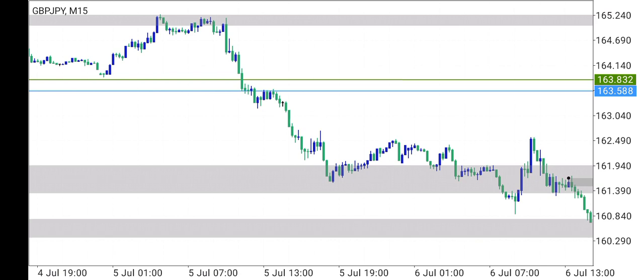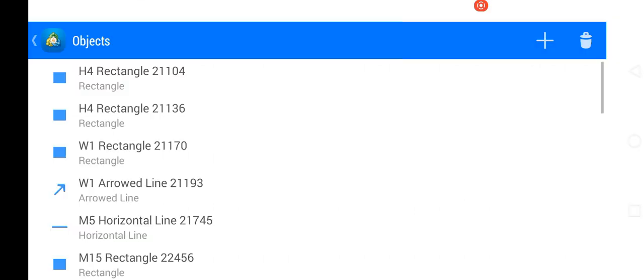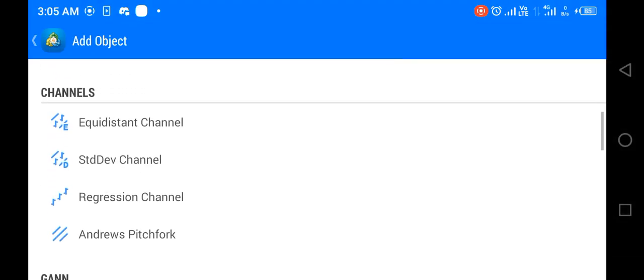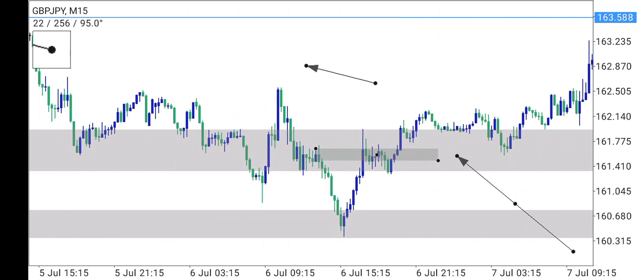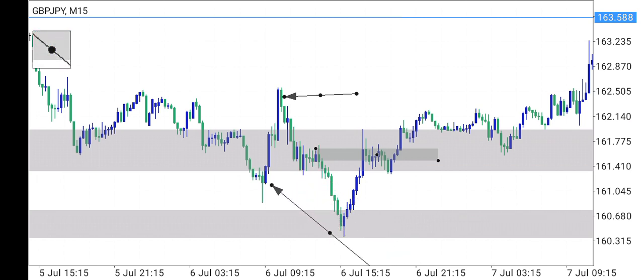This is the first order block, and this one. These are the 2 places that price must come to before moving up.